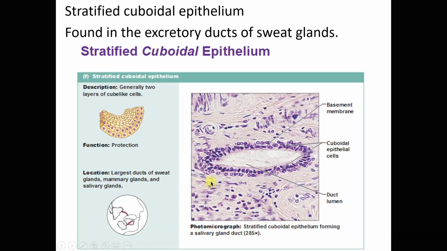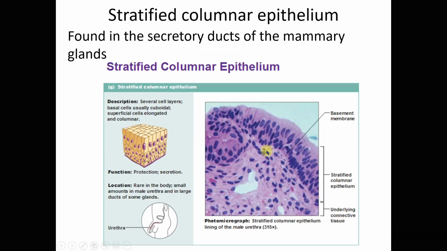And this is the stratified cuboidal epithelium, because the cuboidal cells are arranged in two layers. Then we have the stratified columnar epithelium. You can see how the columnar epithelium cells are arranged in two layers.